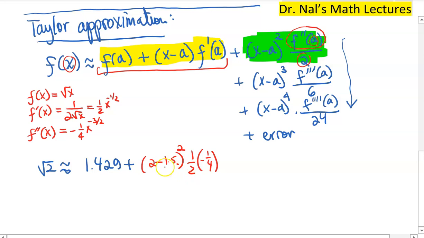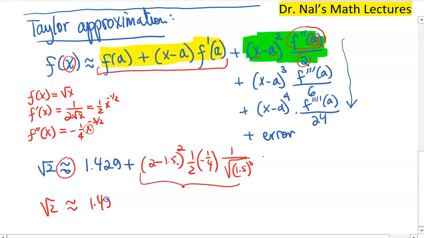So x minus a is 2 minus 1.5, and then we have substituting 1.5 over here, which is pretty nasty: 1 over, okay, let me just do it like this, the 1.5 cubed and then the square root of that, right? So that's pretty much it. So this is the adjustment that I need to make, and hopefully with that adjustment my answer will be closer. There will still be an error term, and that's why we have this approximation, so no need to put an error term. So luckily this iteration will give us an even closer result.